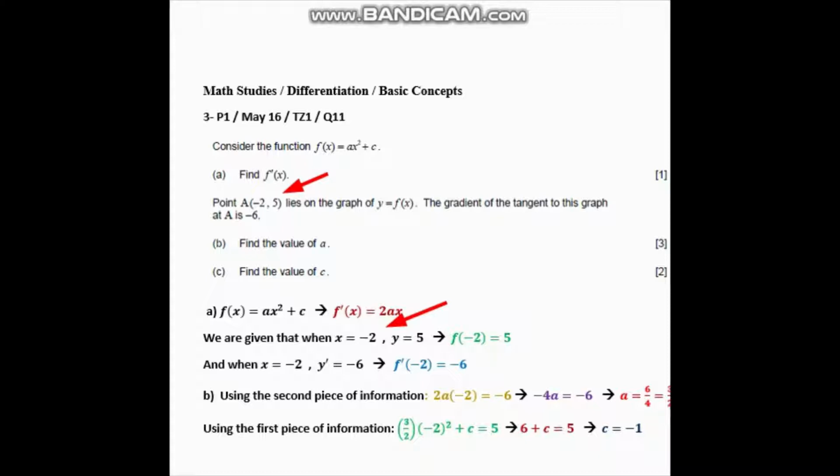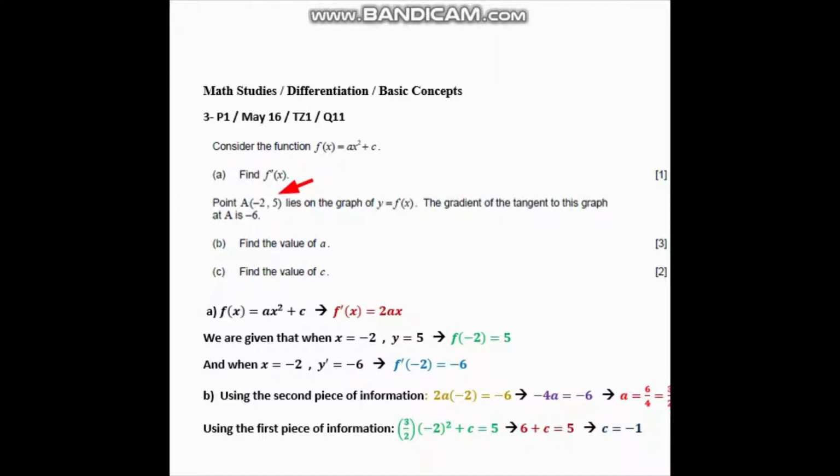If I plug negative 2 into the original function f of x, in other words, if I attempt to get f of negative 2, where I replace the x with negative 2, I shall find that the answer has to be 5. So this is what I get from the first given, which is point A.